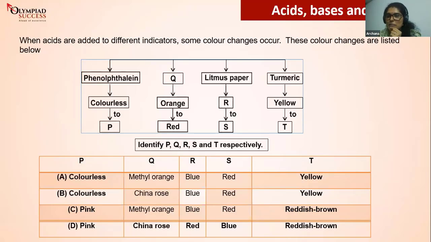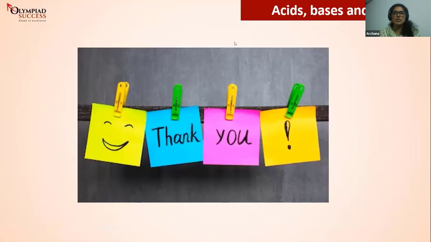For litmus paper, what will be the change in color? If we have a blue litmus paper, it will become red, isn't it? Next, turmeric, yellow will remain yellow. So the option is A. So this is how you have to approach the questions. So that brings to the end of our demo session.